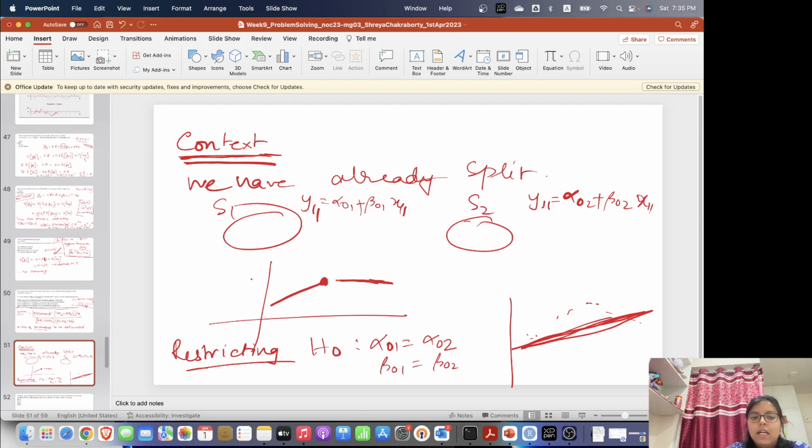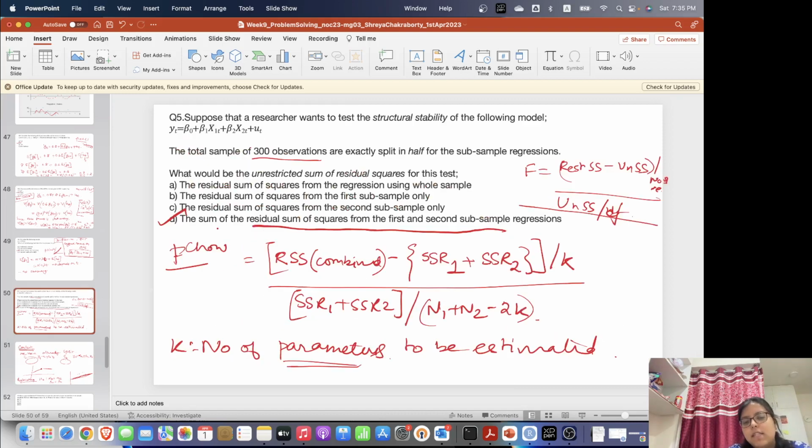That is why the unrestricted sum of squares would be the sum of the residual sums of squares that we are getting from the subsample regressions. Is it okay?